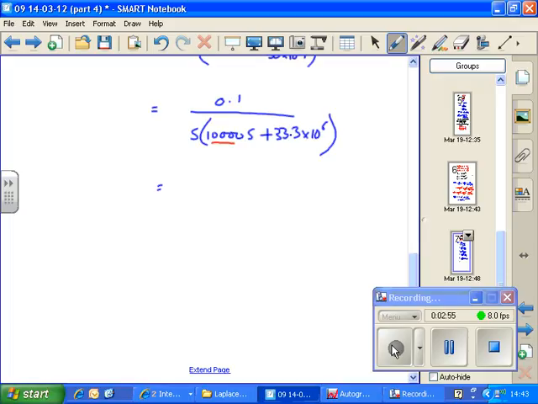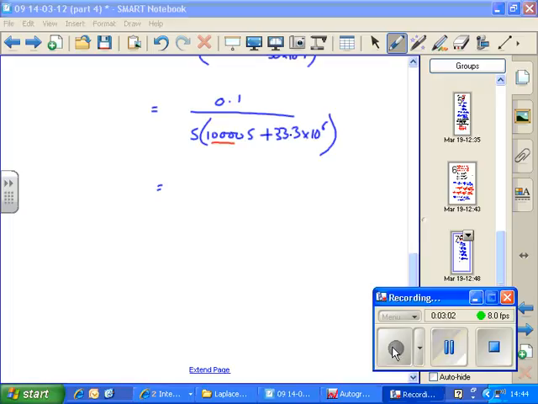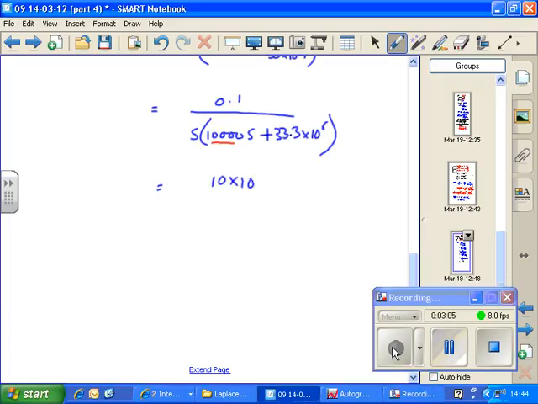So if I divide 0.1 by 10,000, I will get 10 times 10 to the minus 6 over S into S plus, and then 33.3 times 10 to the 6 divided by 10,000 is 33.3 times 10 to the 2, which we can write as 3,330.